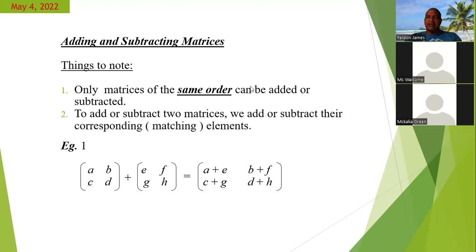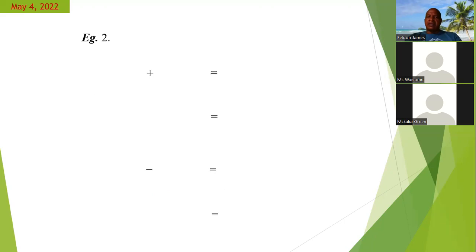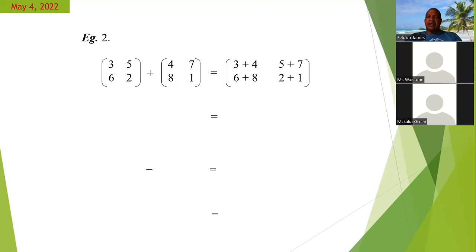The only thing that you have to be careful about when you're adding or subtracting matrices is when you're working with signs. All right, so here we have two examples.